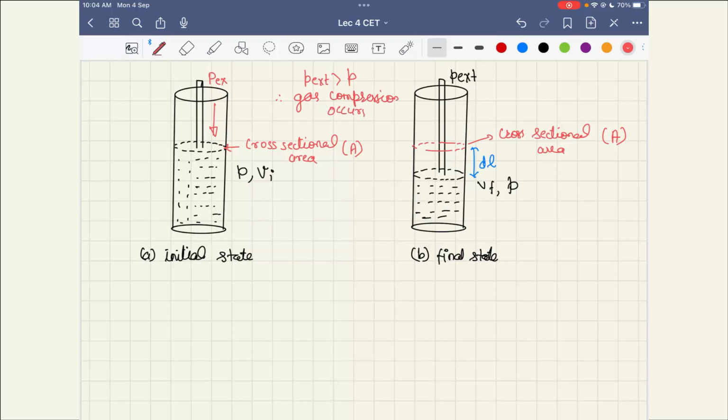So if external pressure P external is greater than P, then the piston is moved downward till the pressure inside the system cylinder becomes equal to P external, as shown in this figure, right?